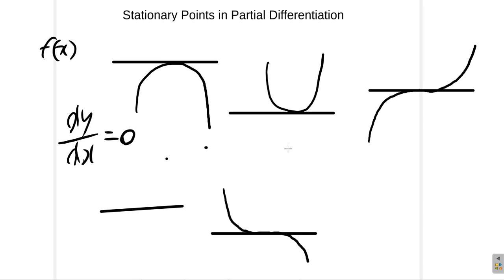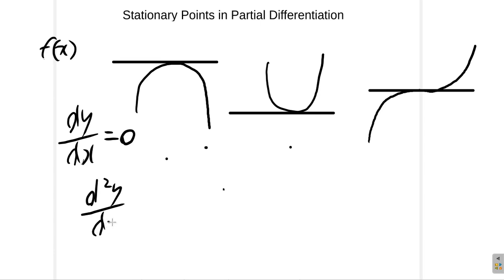After that, if you find the second derivative, d squared y by dx squared, you're able to tell the nature of a stationary point even without the graph.